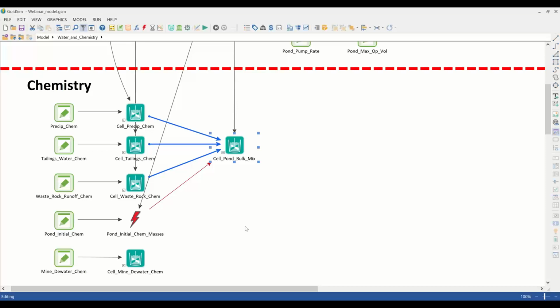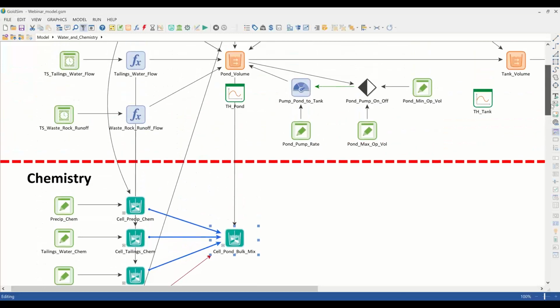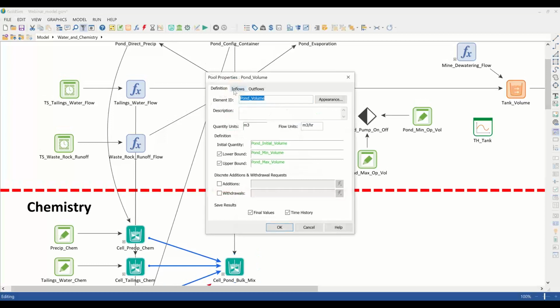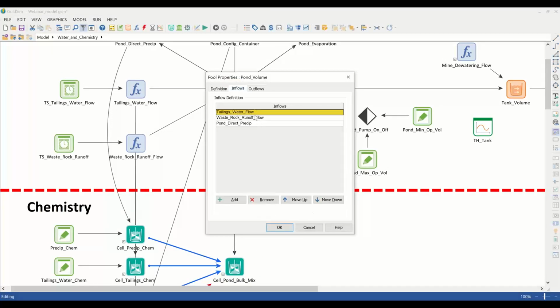But there is one more thing that I do need to do before I take that step. And if we look at our water balance, you can see we have water going in. In other words, we have 3 inflows coming into our pond. But we've also got 2 outflows, and we need to account for their effects on chemistry. Well, the effect of evaporation is automatically taken into account because evaporation removes water, but it does not remove chemical mass.